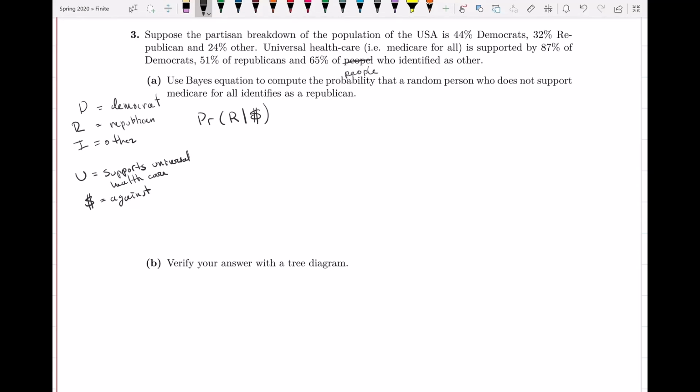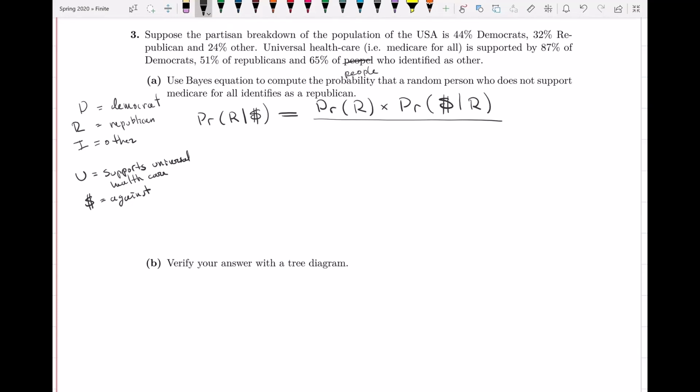Well, by Bayes' equation, this is going to be the probability that they are a Republican times the probability that they don't support universal healthcare given that they're a Republican. Again, we have the conditional probability flipped, so that's good. And what do we divide by? We divide by all the different ways you can not support healthcare in this situation.